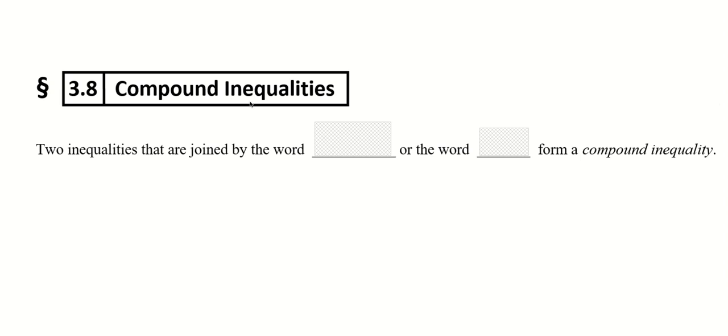The word compound inequalities really just means that there's going to be two inequalities together, joined by the word and or the word or. The good news is these are just two normal words in the English language, and they basically mean the same thing they mean in everyday conversation.